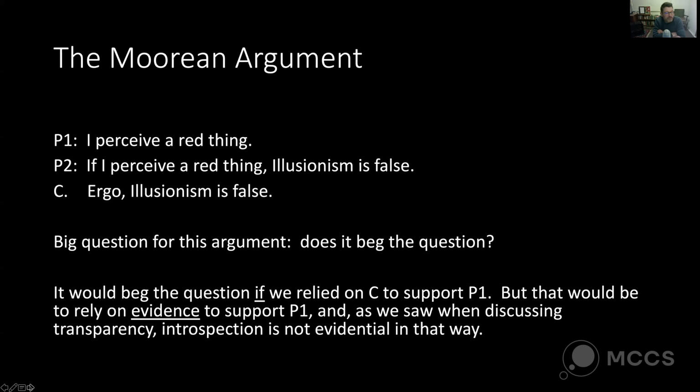That seems to be true just by the definition of illusionism, which entails, among other things, that it's not true that I perceive a red thing, especially if perceiving a red thing is a matter of instantiating an experiential property, which is what the assumption is here. And likewise, in the Moorean case, if you've got an argument that says, if this is a hand, then the external world exists, it's hard to see how that can be false.